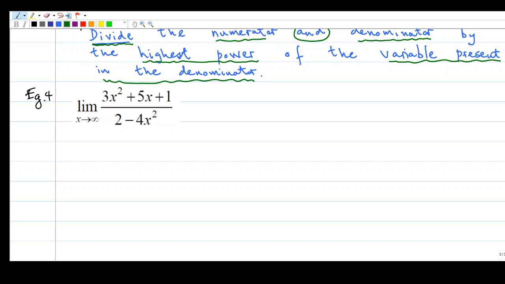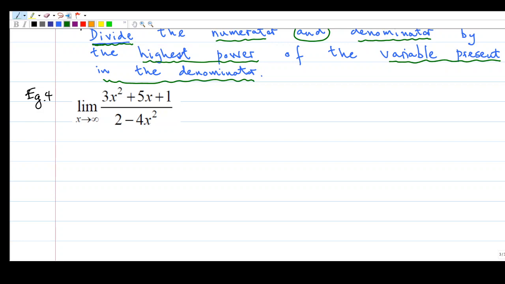Right, we've got example 4. The limit as x approaches infinity of a rational function. Okay, you can see that's the structure of the function on which the limit is operating. So we need to find the highest power of the variable present in the denominator.